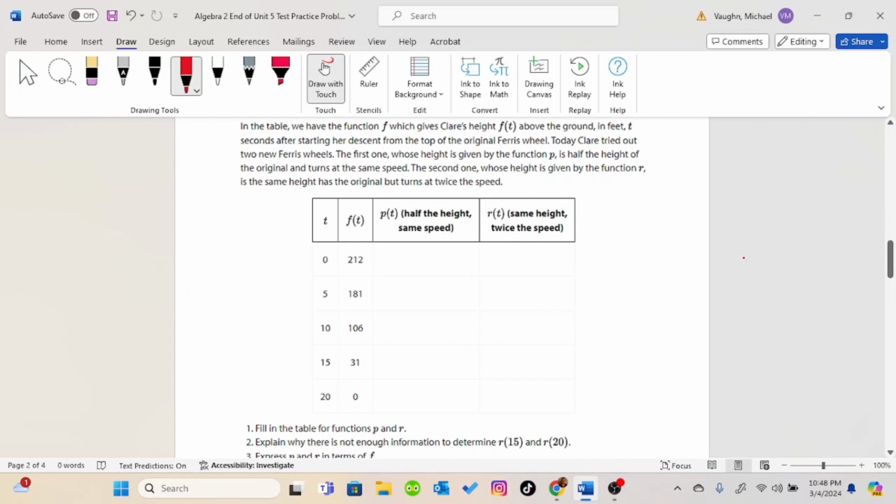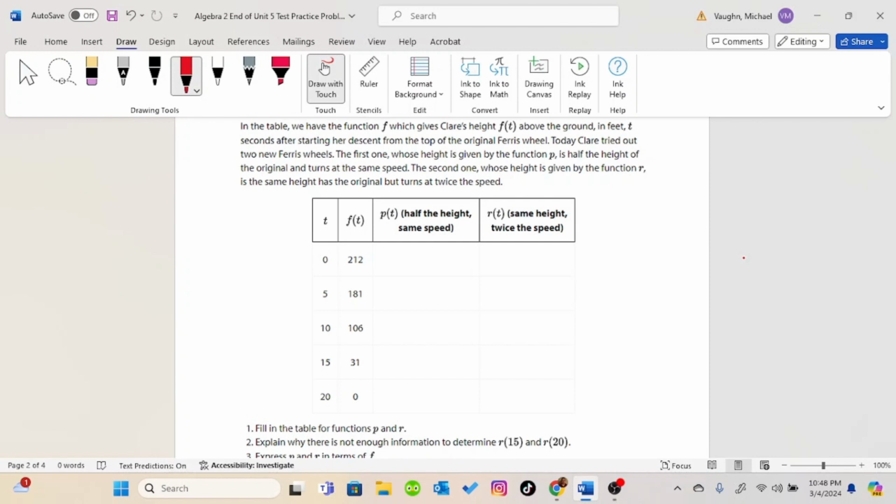In the table, we have the function f, which gives Claire's height f of t above the ground, in feet, t seconds after starting her descent from the top of the original Ferris wheel. Today, Claire tried out 2 new Ferris wheels.